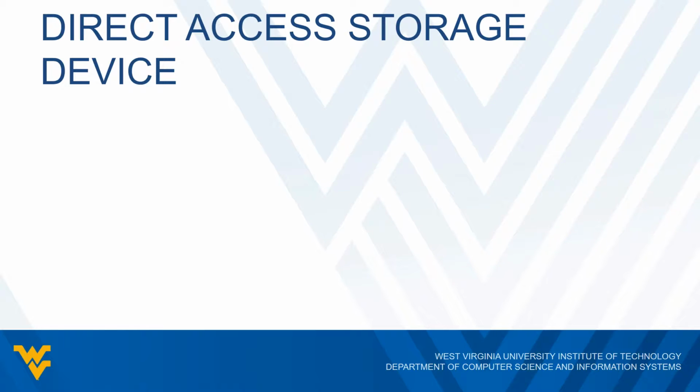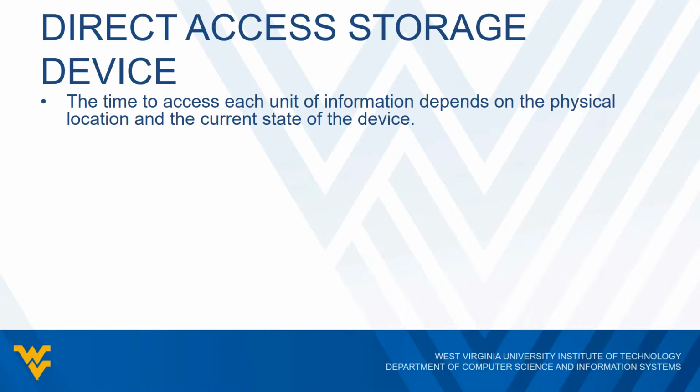The first is that every memory cell has a unique address, and the second characteristic is that it takes the same amount of time to access every cell. Well, with direct access storage devices, we eliminate the second requirement, the equal access part of it. So in a direct access storage device, every unit of information still has a unique address, but the time needed to access that information depends on its physical location and the current state of the device.